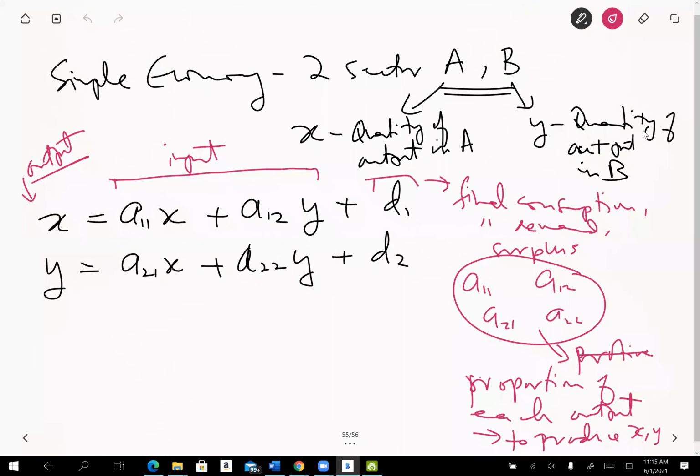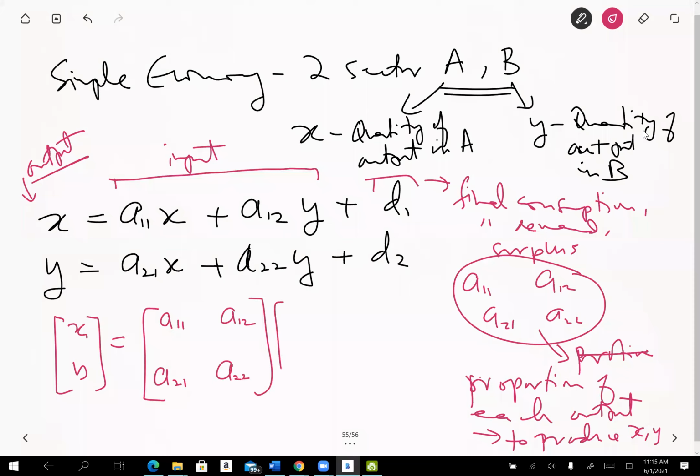Now we can write this in terms of matrix. So here I got X, Y, that is the matrix XY, equal to the matrix of the proportion, which are constant. So A11, A12, A21, A22, multiplied by XY, plus D1, D2.